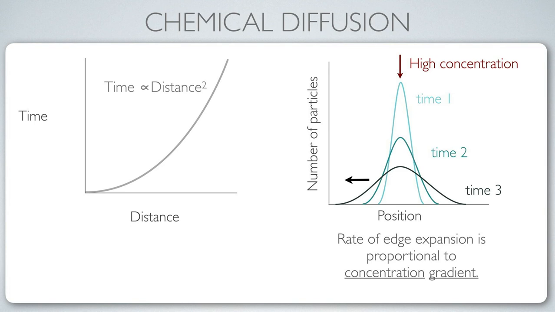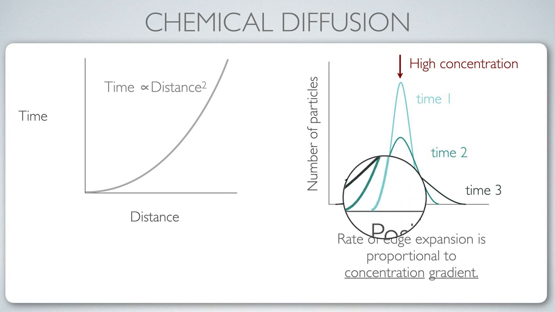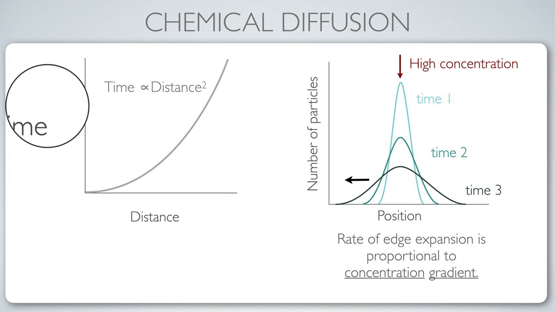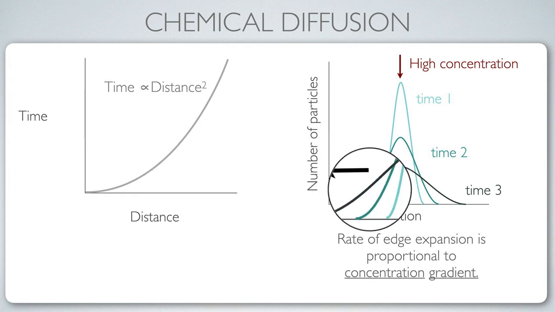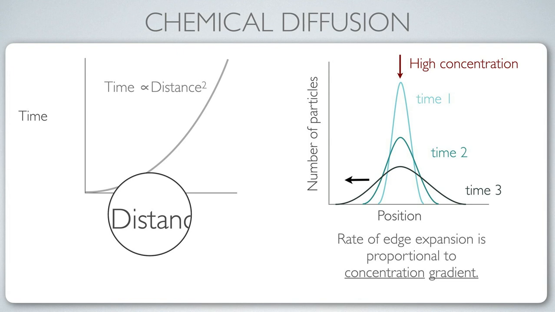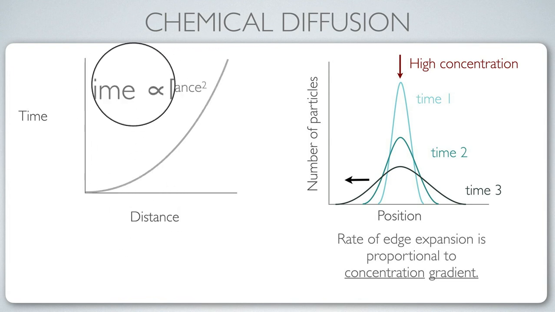Let's just imagine it's some of the particles at the edge, or we could be tracking the edge itself. Let's just say we see this expansion of the edge. And what we have here is how long it takes for that edge to move over some distance. So that's the distance on the x-axis, and this function is time being proportional to distance squared.